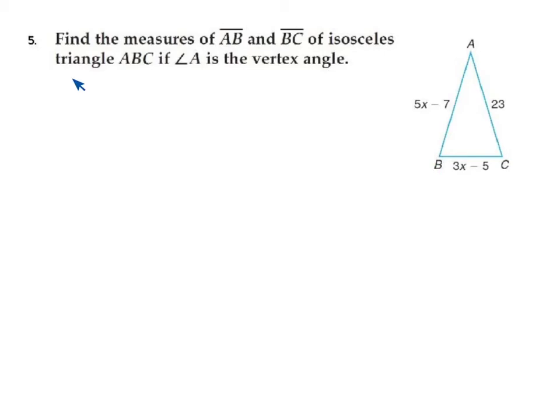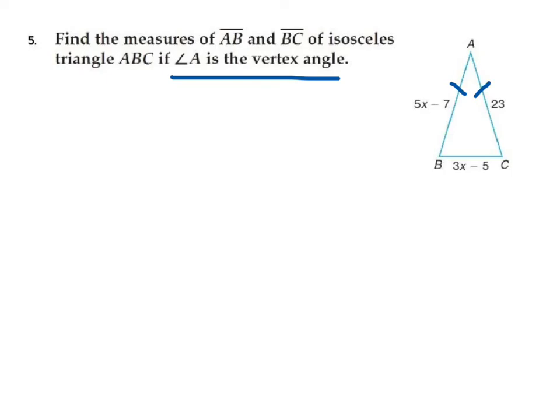Here it says that triangle ABC has A as its vertex angle. Now let's look back at what the vertex angle told us. The vertex angle of an isosceles triangle is the angle that's between the two congruent sides. So what I want us to get into the habit of doing is putting the same amount of slashes through the two congruent sides. And again, we know that these are the two congruent sides since they told us that angle A is the vertex angle.